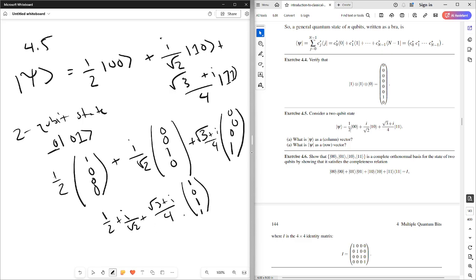We could get these into matching denominators and combine. I'm not sure if that's necessary. Let me see if the textbook has that going on. 4.5.